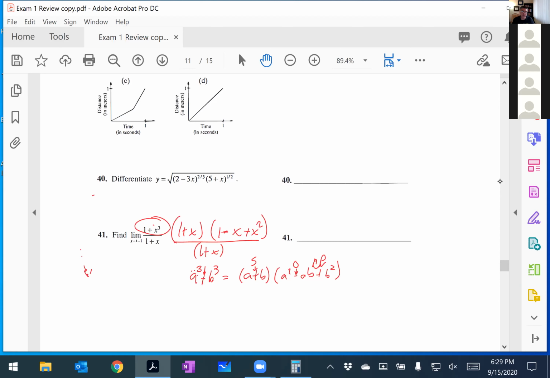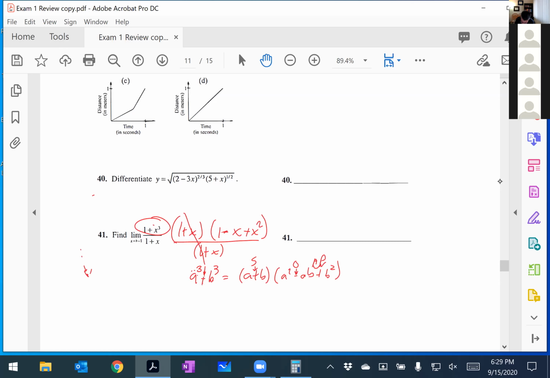What that allows me to do is cancel these out, and then I can plug -1 in here. I just end up with 3. So if I plug -1 in there, I get 2 plus 1, which is 3, so the limit is 3. So that's 41.